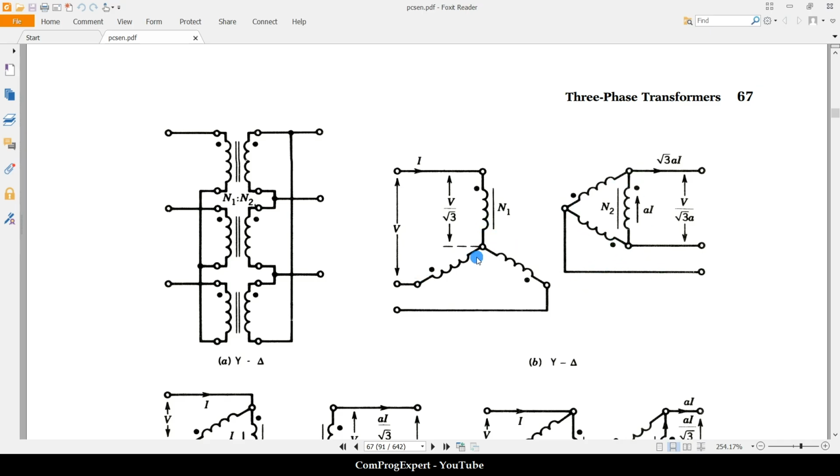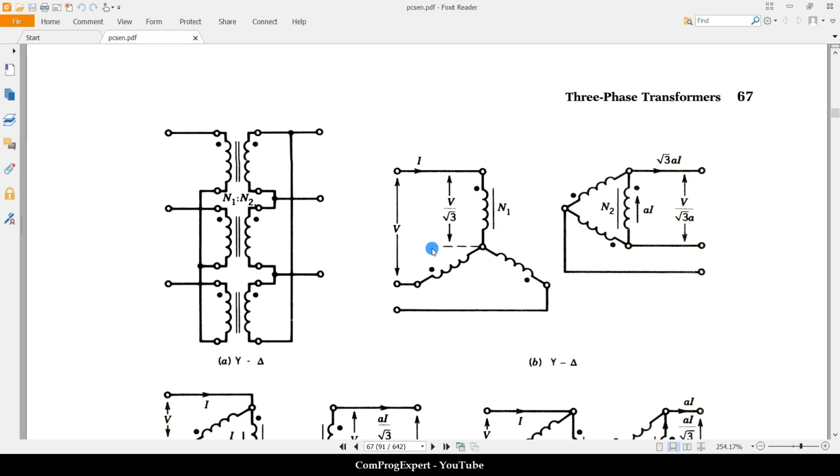As you know, in the Y or star connection, we have this star point. So we can either ground this star point or leave it as is, right? So this is also an important point, considering the third harmonic. We will discuss it later.